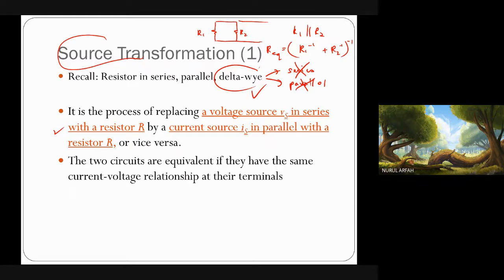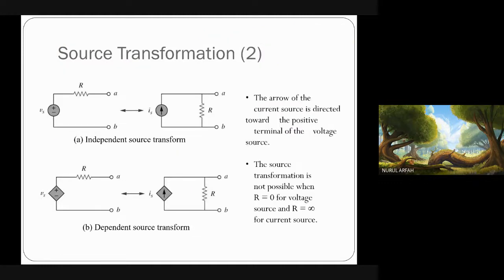Macam susah sikit kan, tak apa. Okay, the two circuits are equivalent if they have the same current-voltage relationship. Okay, maksud dia macam ni. Because of a voltage source here in series, you can actually transform. That's why the name is transform. What you want to transform? A source. Okay.